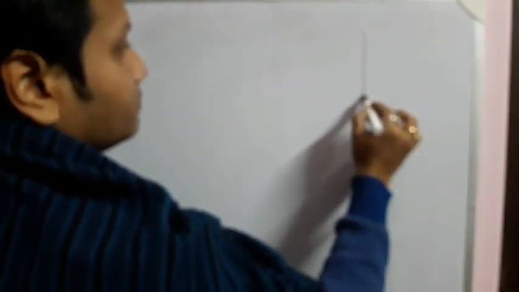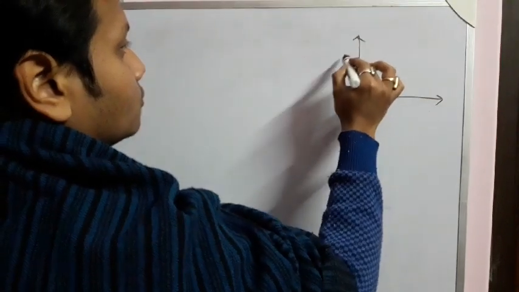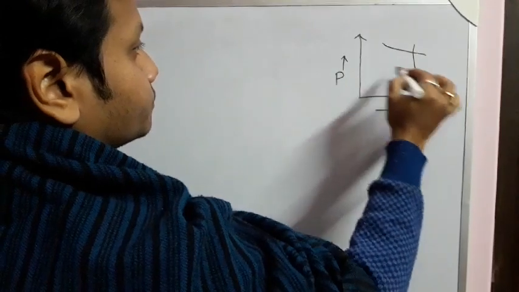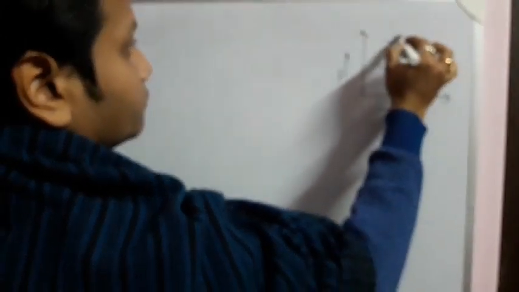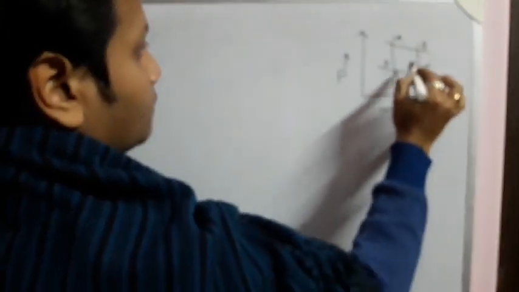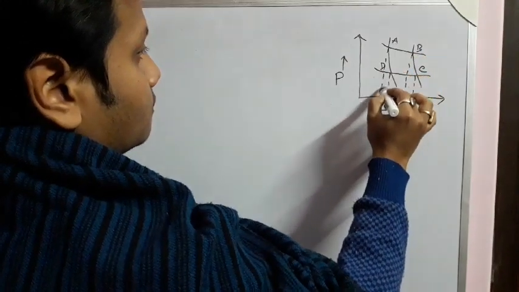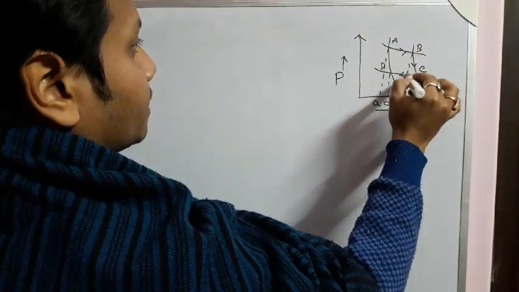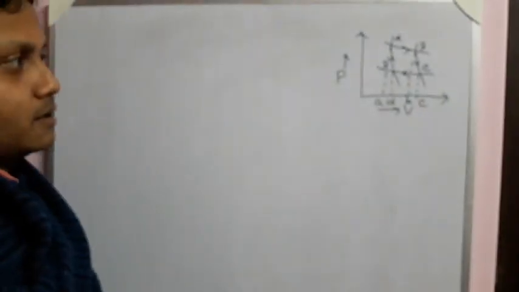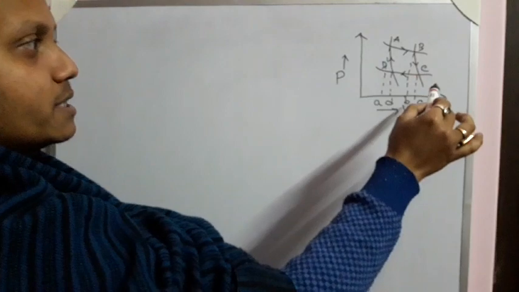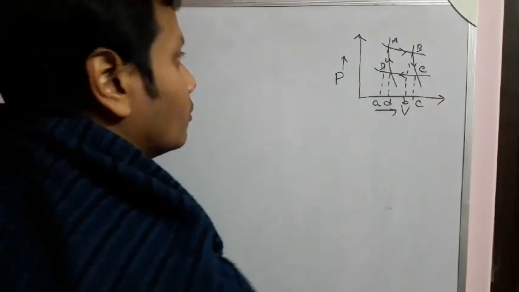Now consider the PV diagram. Just draw the PV diagram. Yesterday I told that here two successive expansions and compressions are done: along AB isothermal expansion, along BC adiabatic expansion, along CD isothermal compression, along DA adiabatic compression.